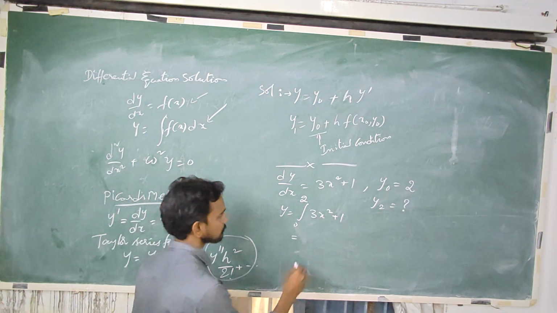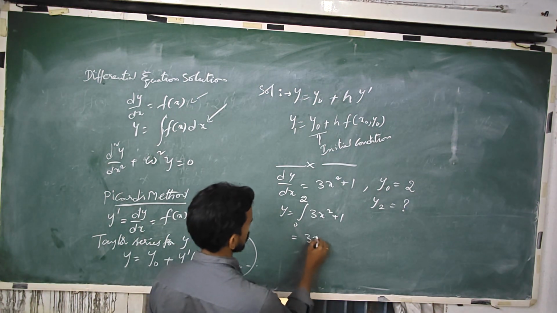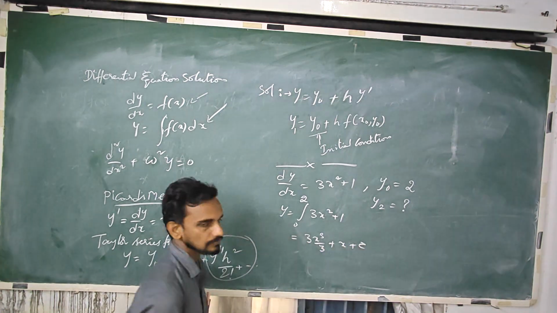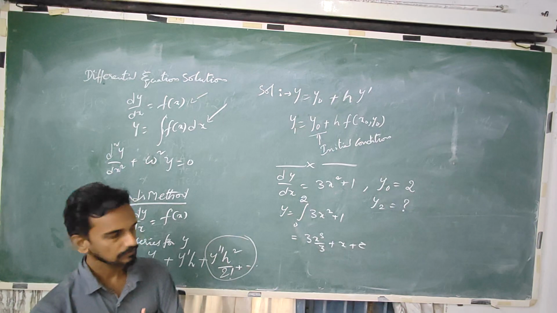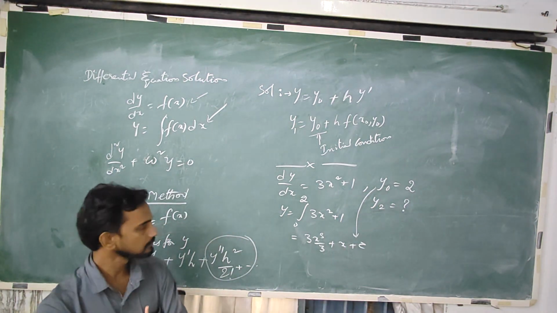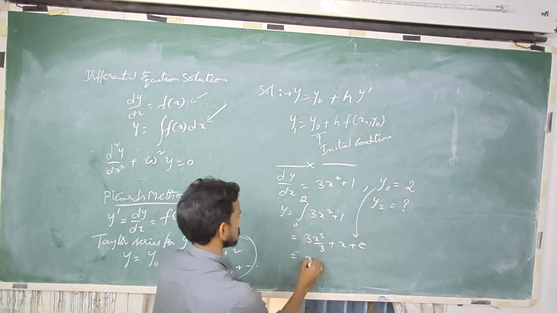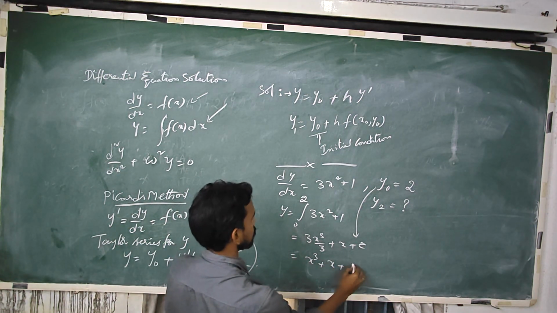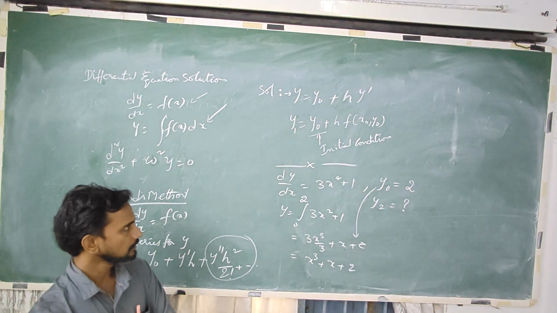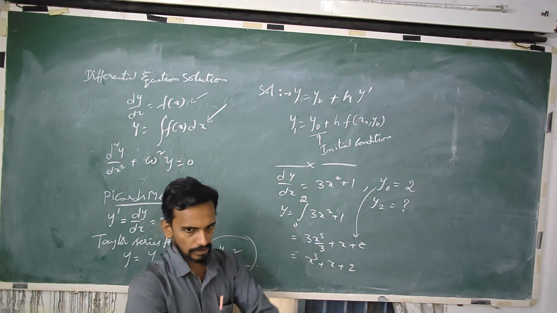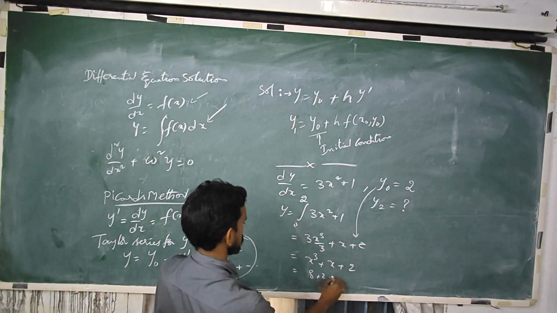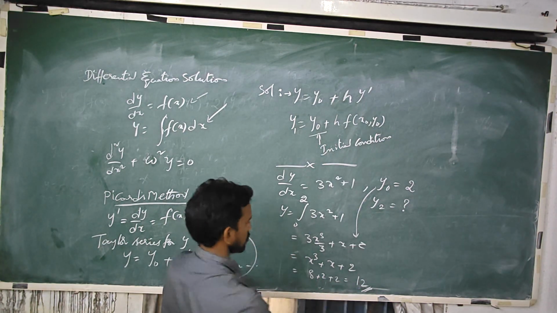It is x cube plus x, and the constant is 2, so it is x cube plus x plus 2. This is the function, and we need to get the value at 2. So what is that? 8 plus 2 plus 2. This is the exact result.